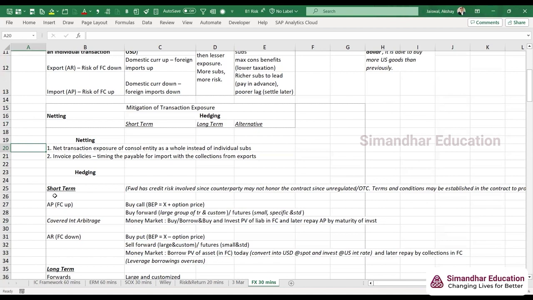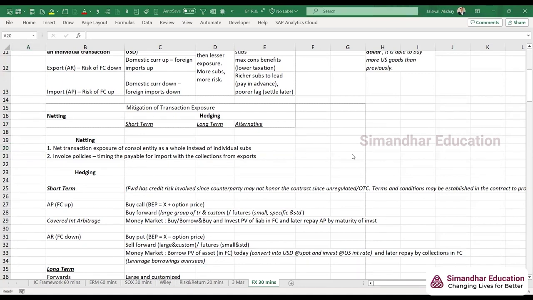To Okinawa, I need to pay, let's say, 600k yen. If I put it on the same date, that 600k will be netted off and the net exposure will be only 400k, instead of the entire 1 million separate and 600k separate.